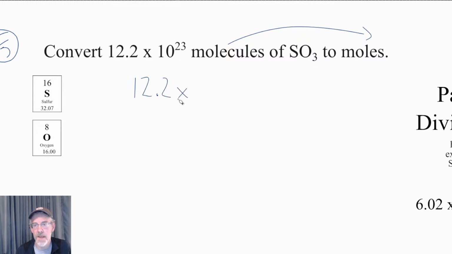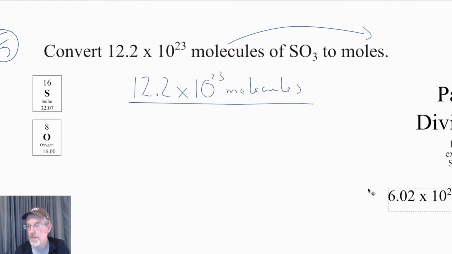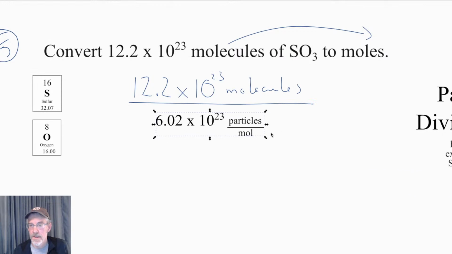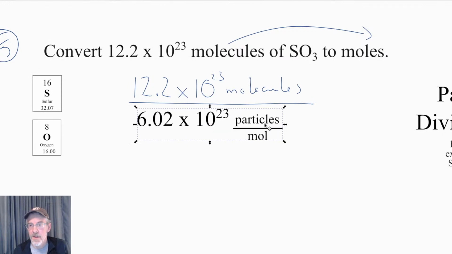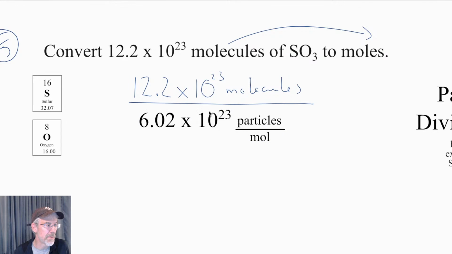12.2 times 10 to the 23rd molecules. So then I need to divide that by Avogadro's number. So I'm going to pull this over here. And you kind of see the problem. How do you divide these big exponents, right? So if they're the same, you can just cancel them out like that. And now it's 12.2 divided by 6.02.